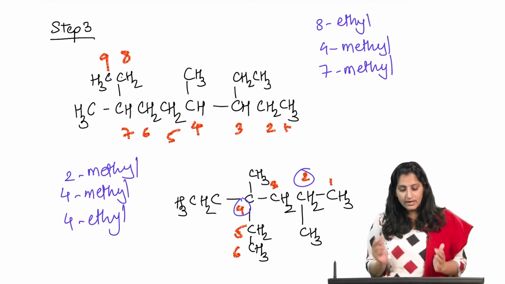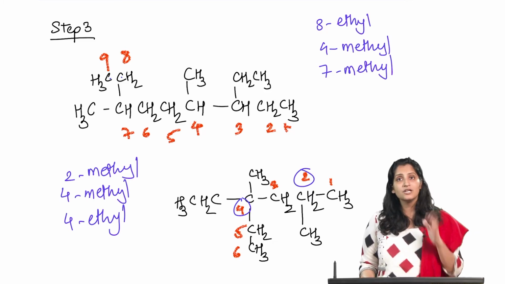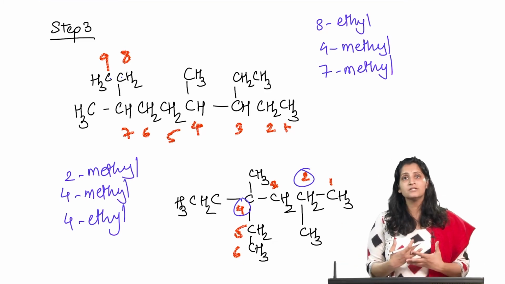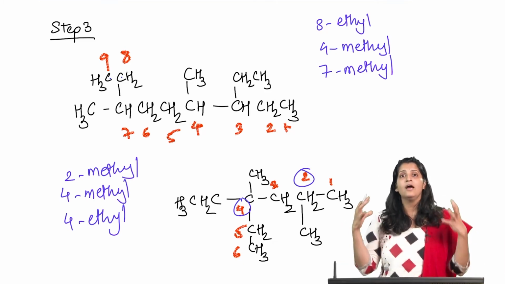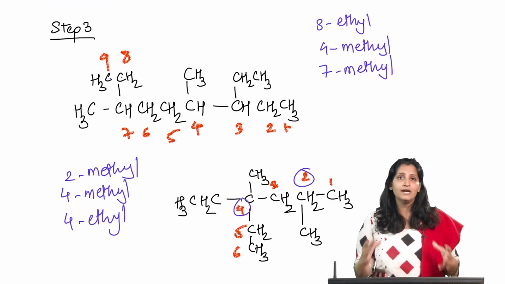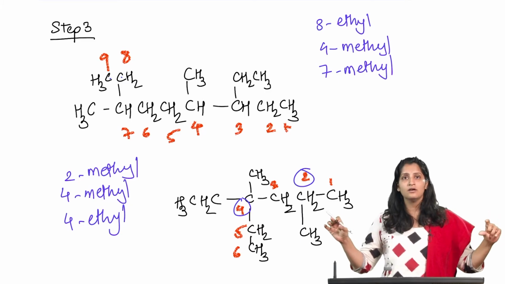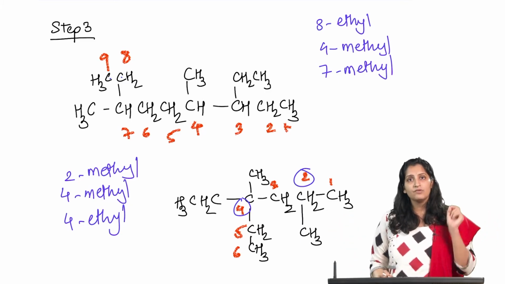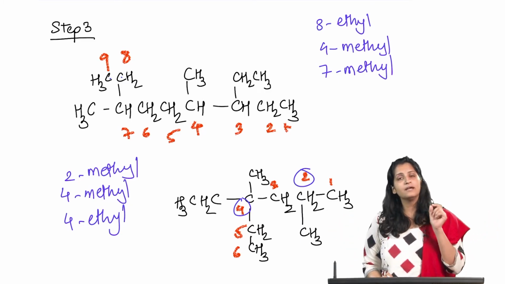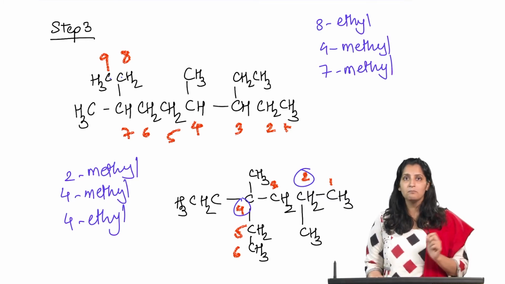Okay. Now, let us come to our final step, which is step 4, which talks about how to combine all of this information together and put it together as one name. So, when we have to write down the name, remember we write it as one single word. Okay. We use a hyphen to separate different prefixes and we use a comma to separate numbers.